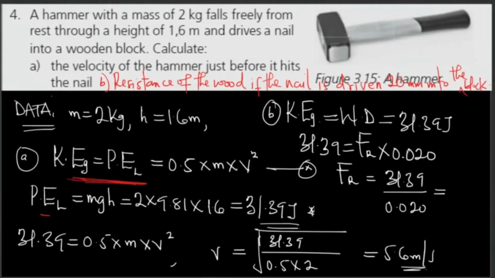Then we calculated the loss in potential energy to be 31.39 joules. This will give us 1569.5 newtons. Equation 5, 3.3.